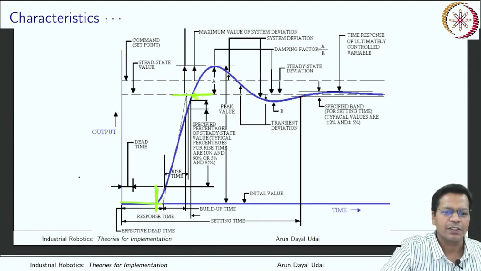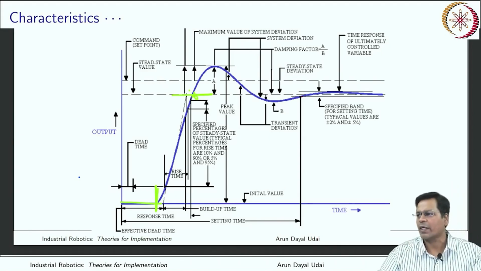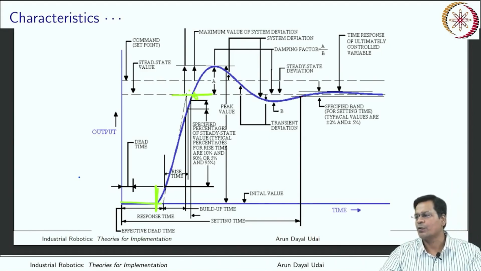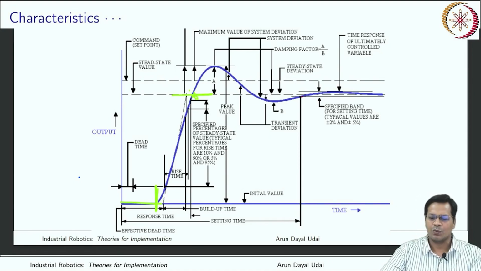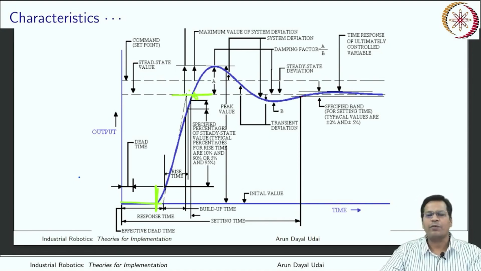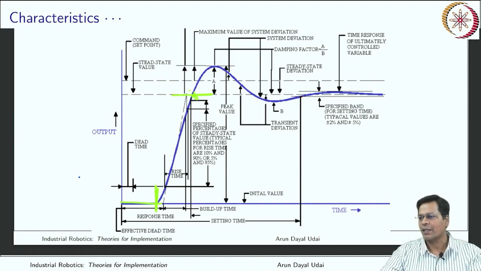It took at least this small gap of time to come up to the real value which is actually input to this device. So this is the rise time, the amount of time it takes to reach at least 95% of the actual value.